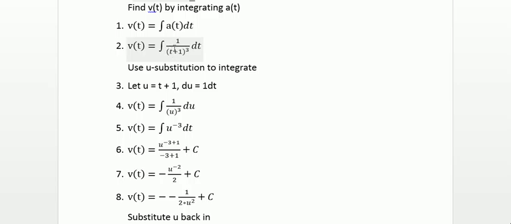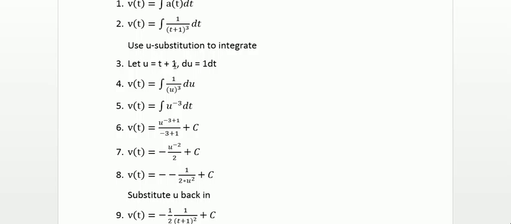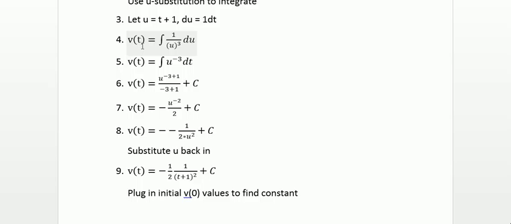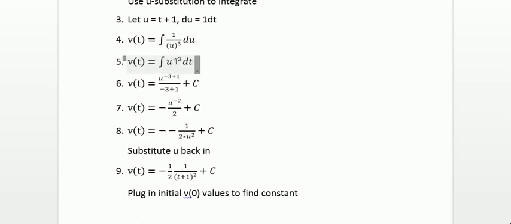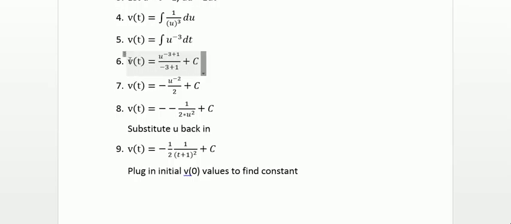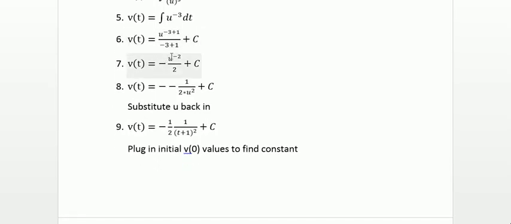And since this is a little bit weird, we can use u substitution to integrate. So I set u equal to t plus 1, and du is equal to 1 dt. So I set it up like this, and I integrate this u function. I bring the u up to be u to the negative third, because that just makes it easier to integrate. So then I add 1 to the exponent to integrate, plus c, and right down here is the simplification.